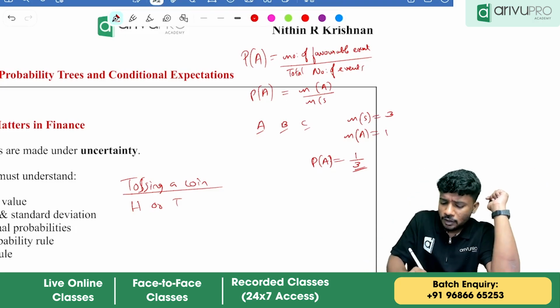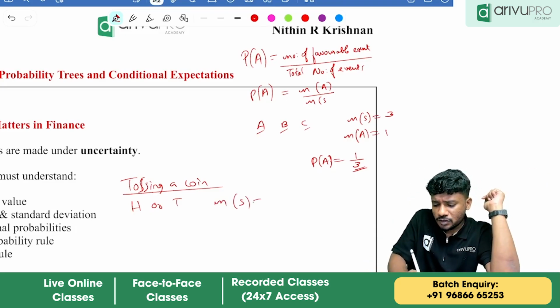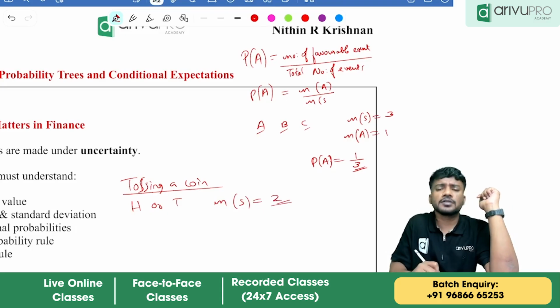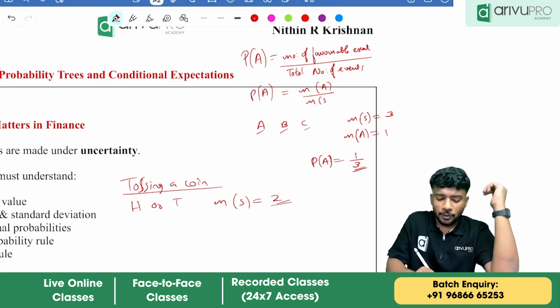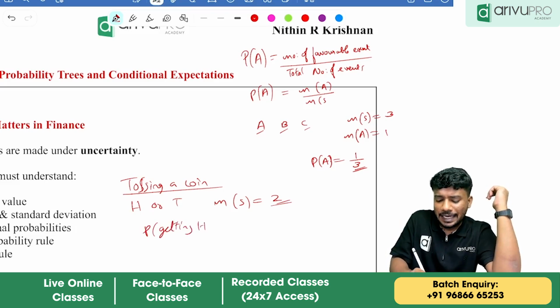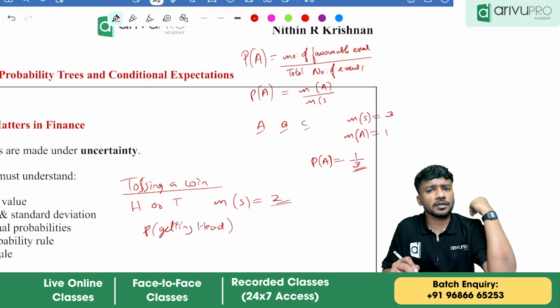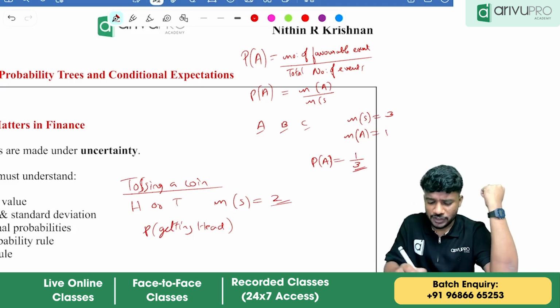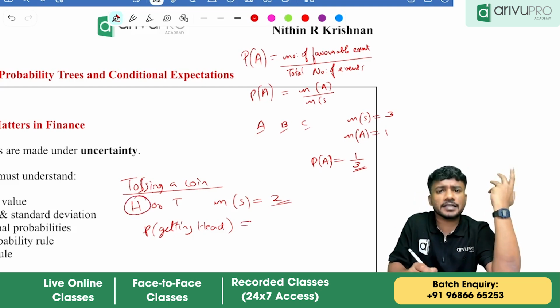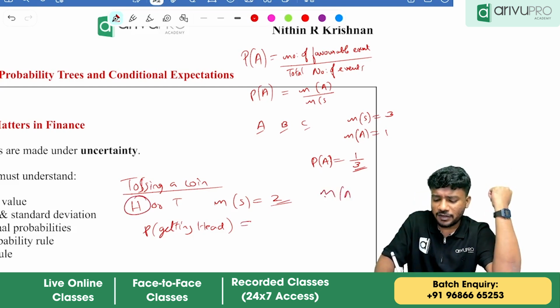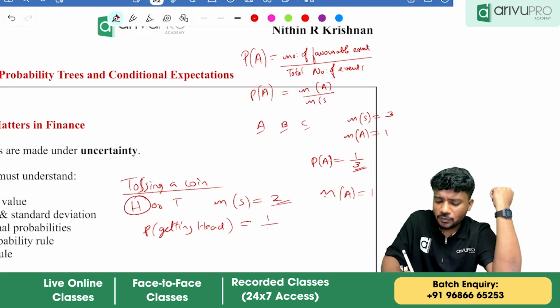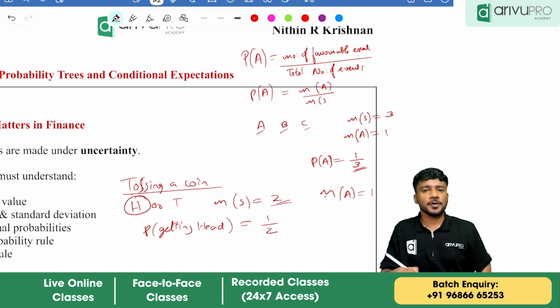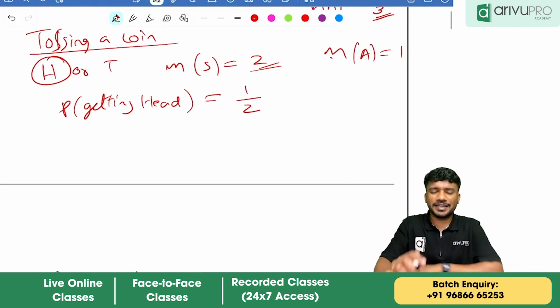That means n of S, the total outcomes, is equal to 2. Now, the question is the probability of getting a head while tossing the coin. How many heads are there? n of A will be equal to 1. So the answer will be 1 by 2. That is the probability of getting a head.